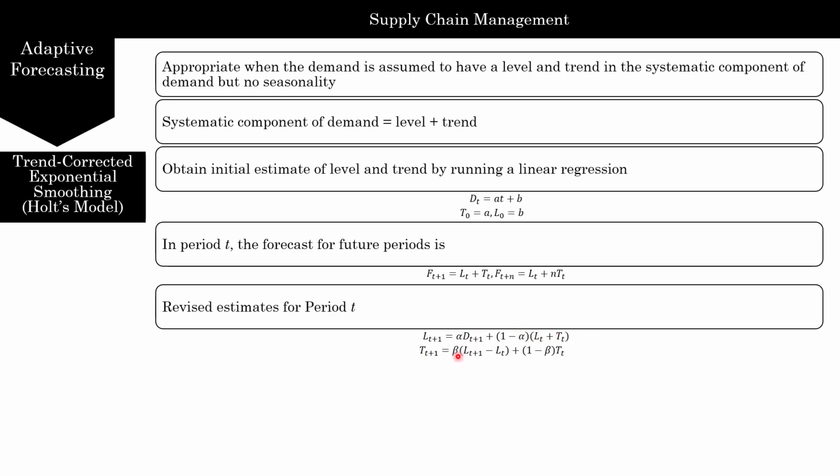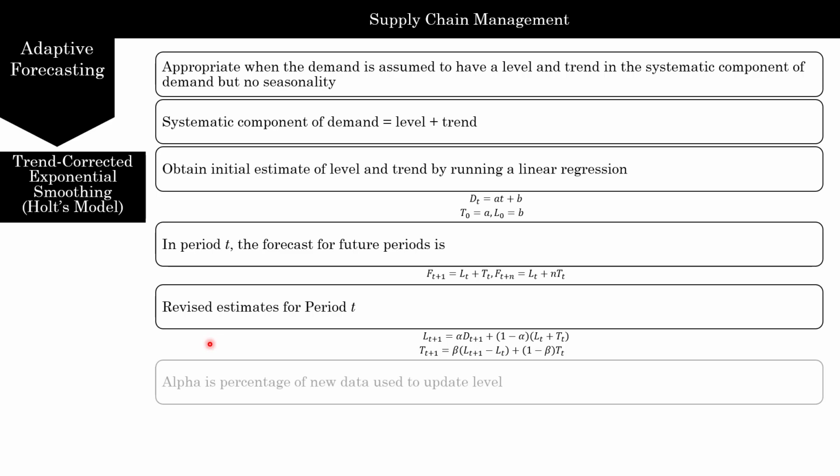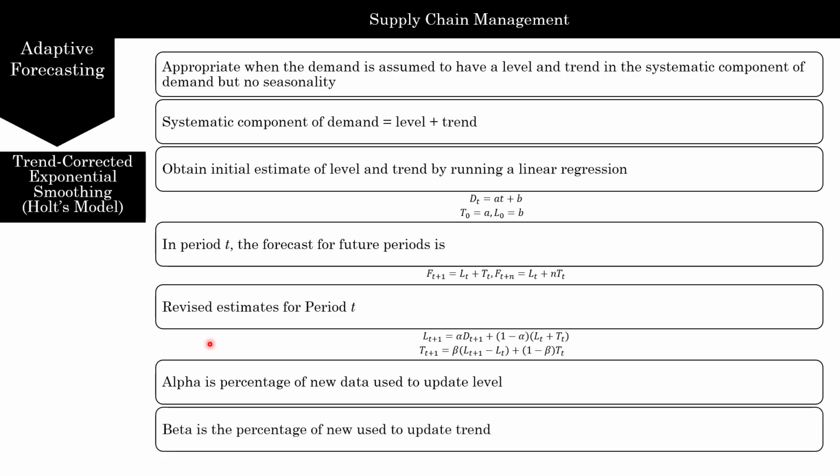Similarly for trend, we are using beta, and this equation here, L(T+1) minus L(T), is the level minus the previous time period's level. The difference in the level is the new trend, and then a certain percentage of the old trend. So alpha is the percentage of new data which is used to update level, and beta is the percentage of new data which is used to update trend.